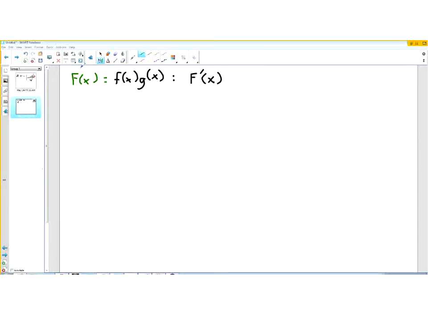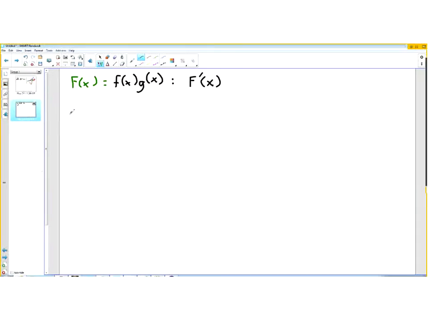All right, so the way we would proceed is like this. We say that F prime of x, the derivative of big F of x, is the limit as h approaches 0 of the difference quotient for big F of x. Right? So we always resort to the fundamentals. So let's write that.